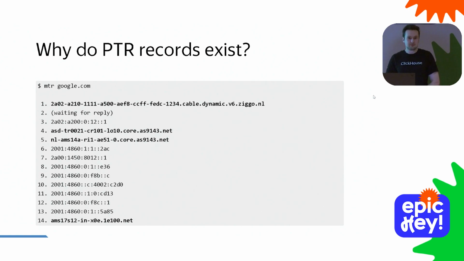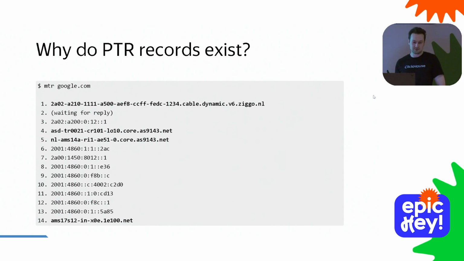Another question: we have PTR records, but why do PTR records even exist? Do you know what for? Why do we need PTR records? No idea. First, it is just for convenience.